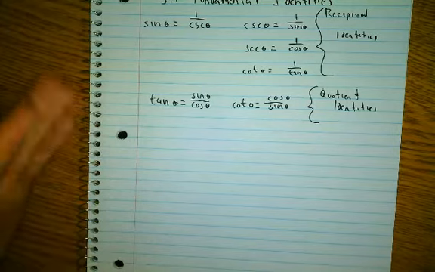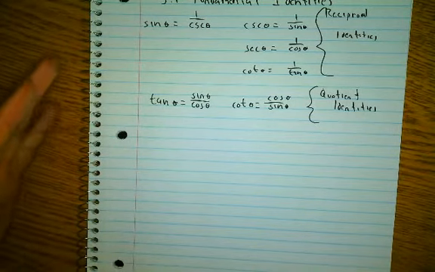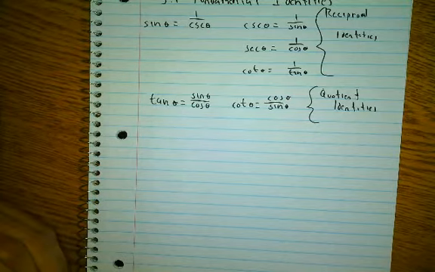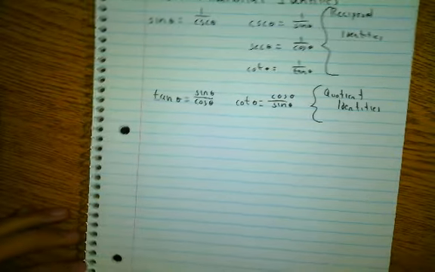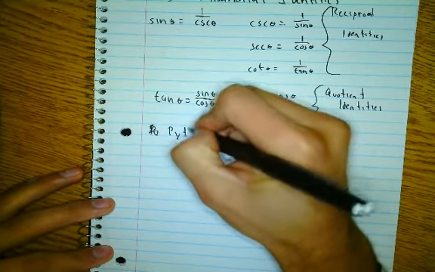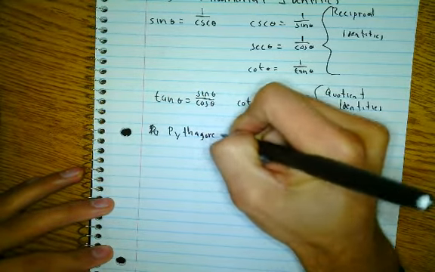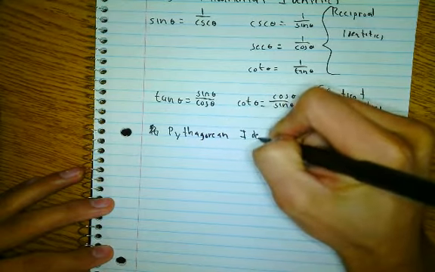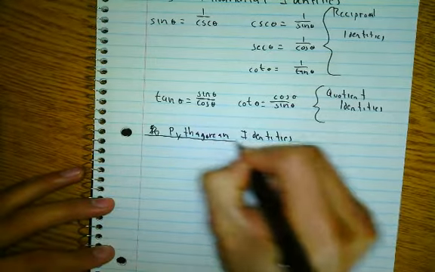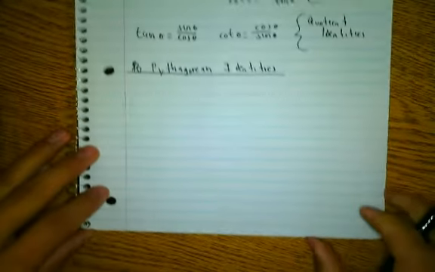None of this should be news to you. All of this has been used at some points during this year. Agreed? Which takes us to brand new material: the Pythagorean identities.